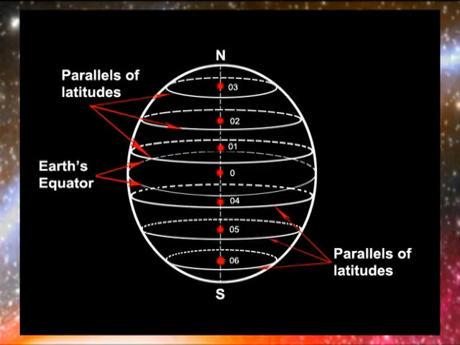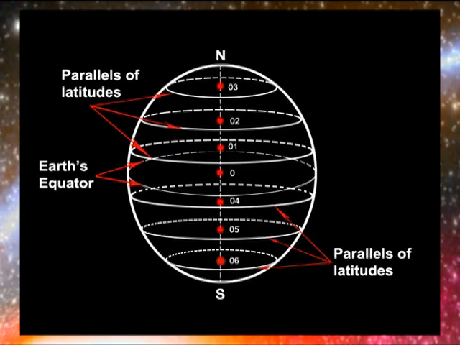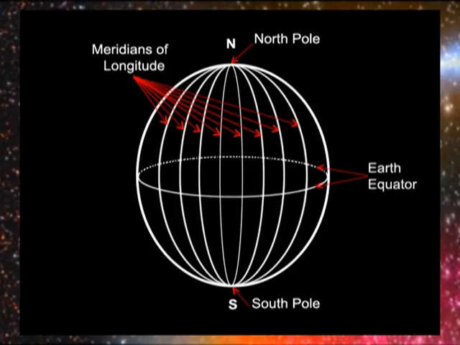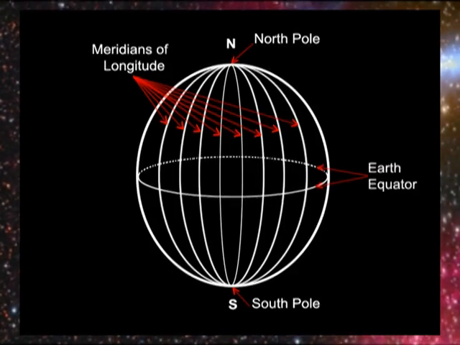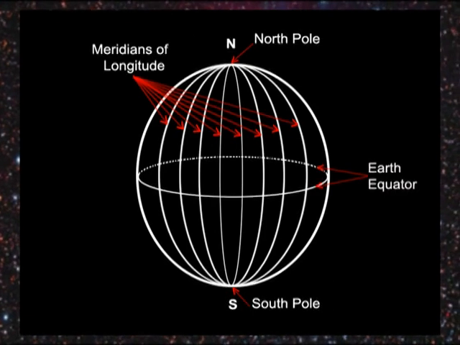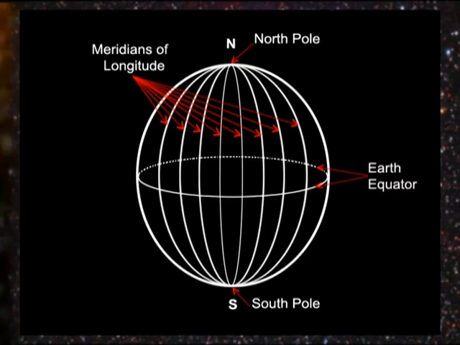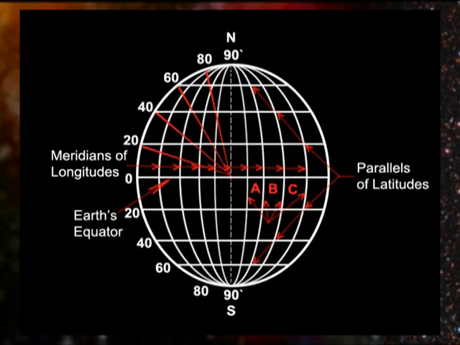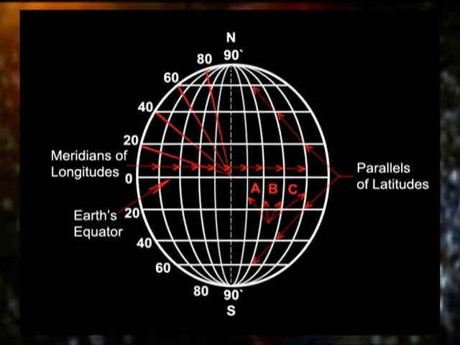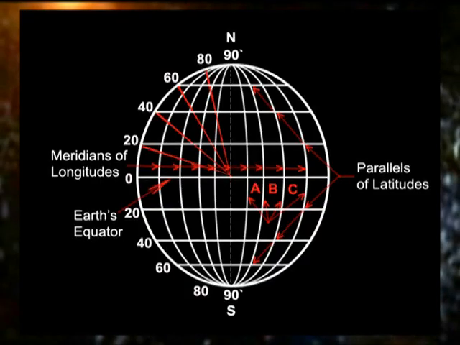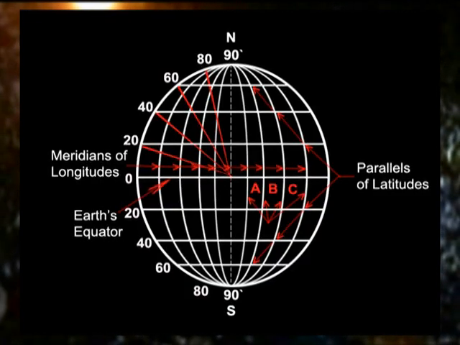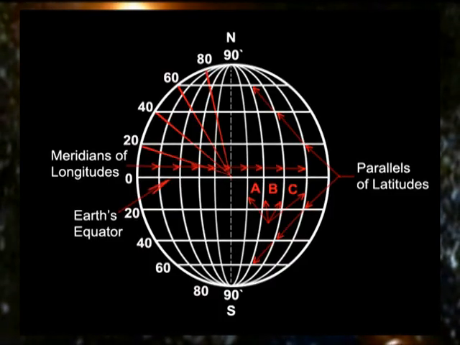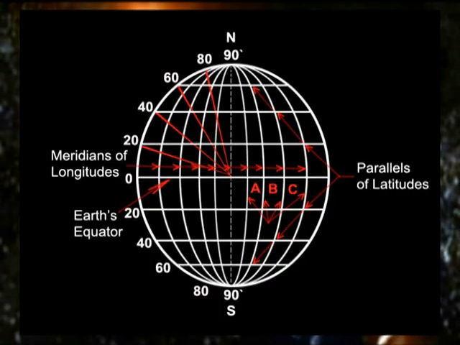Every 1 degree of longitude is 4 minutes. For the matter of convenience, as the earth is round, we fix one point where latitude and longitude are 0. From there, we move to the east, the time zone becomes plus. And when we move towards the west, it becomes minus.